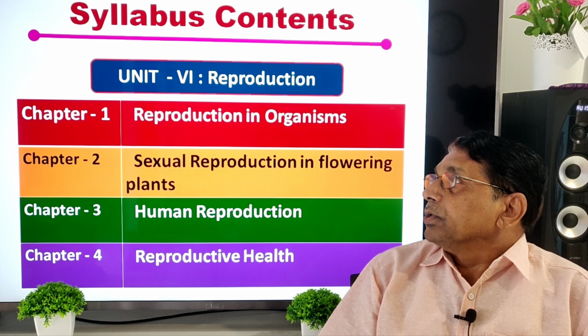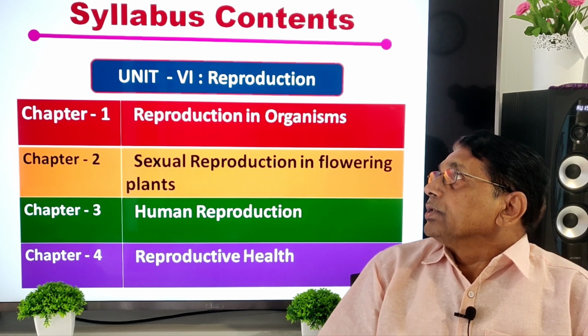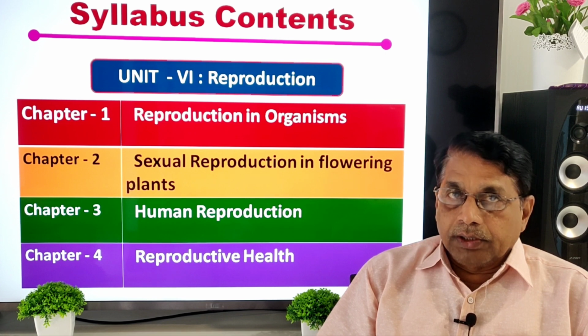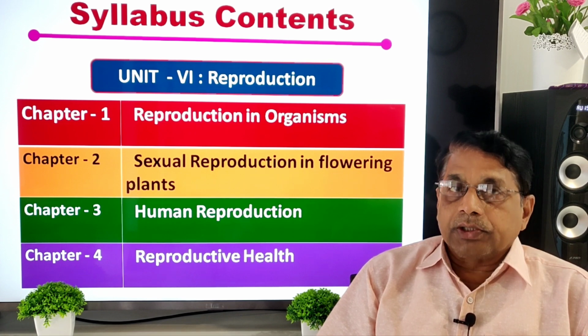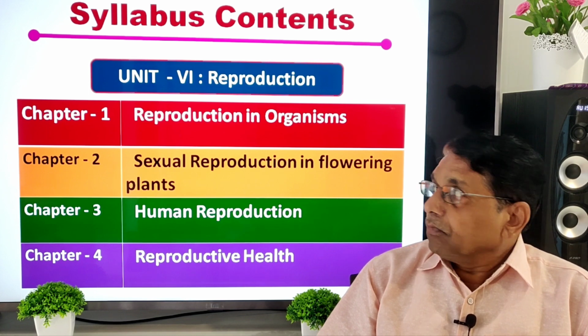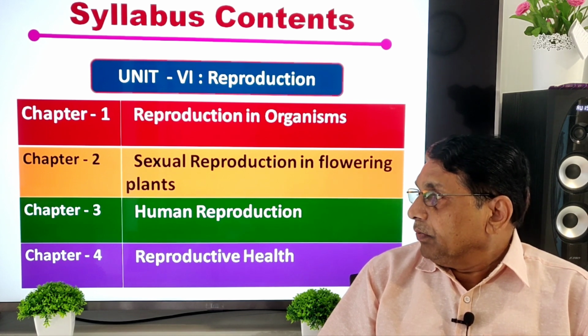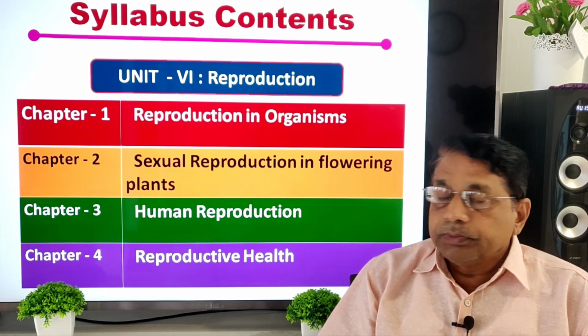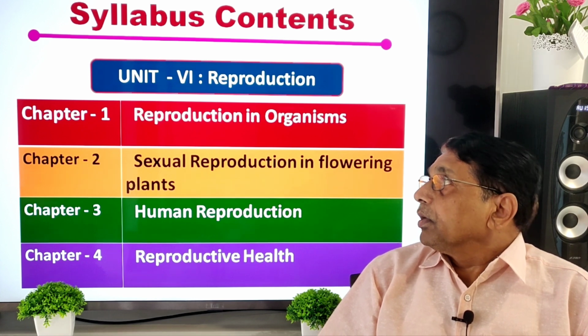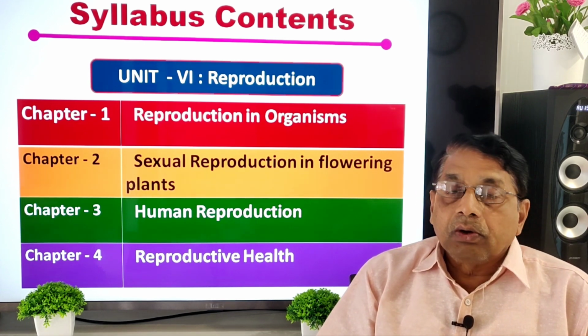So here the first unit is unit 6. It is about reproduction in living organisms. 4 chapters are included in this unit. Chapter 1 is about reproduction in organisms.